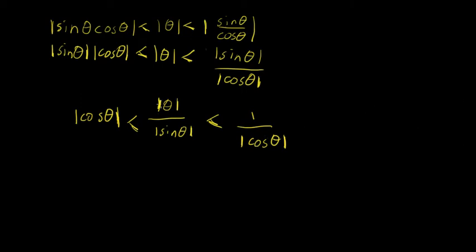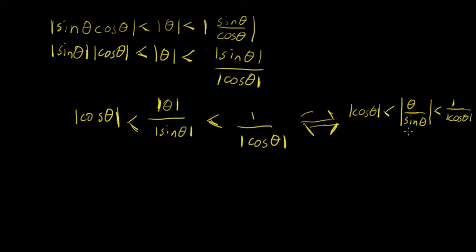And now, the middle part, because this is the quotient of absolute values, is the same thing as the absolute value of the quotient. So the absolute value of theta over sine theta is less than 1 over the absolute value of cosine theta, and it's greater than the absolute value of cosine of theta.